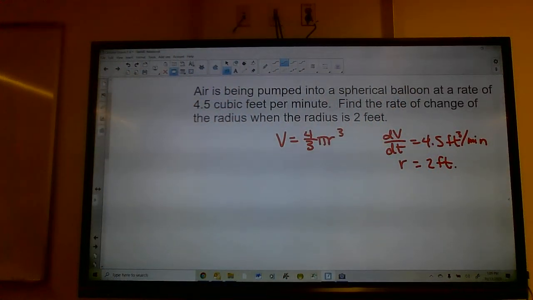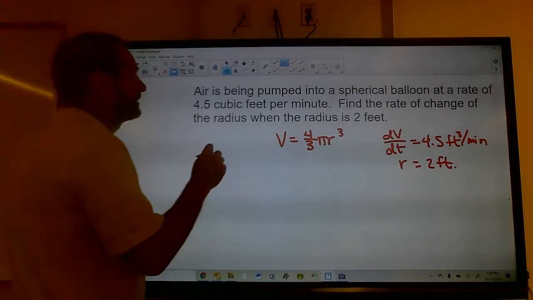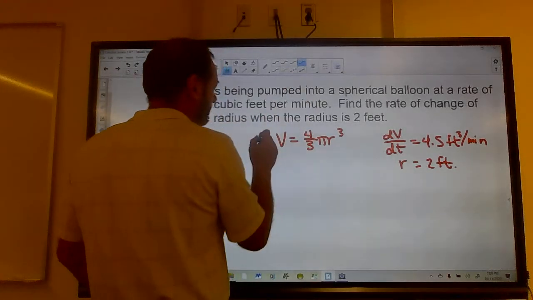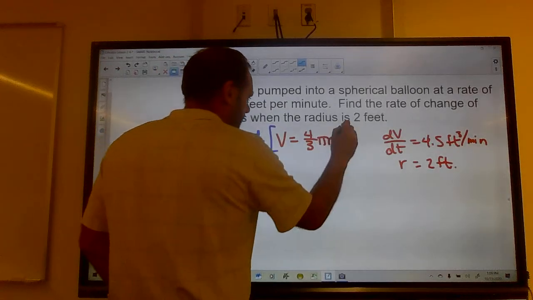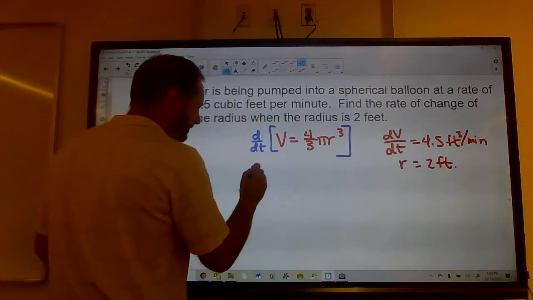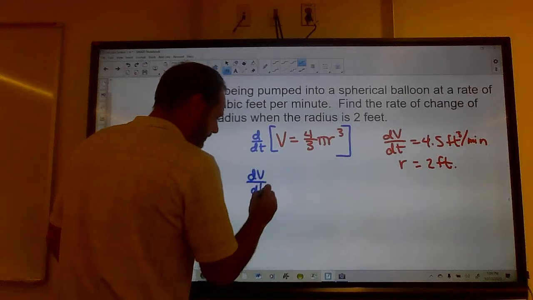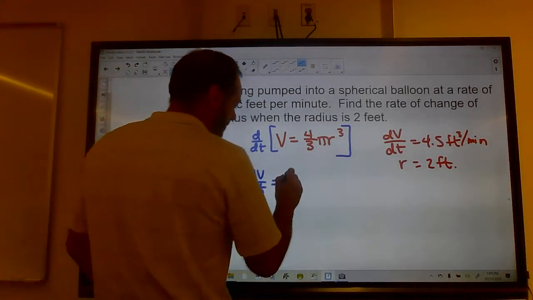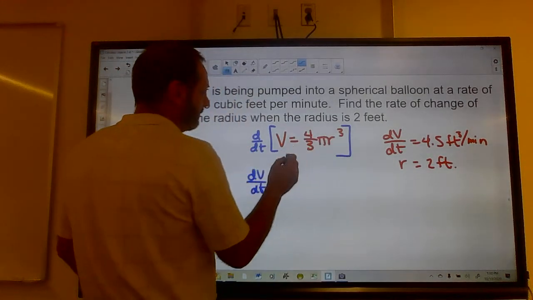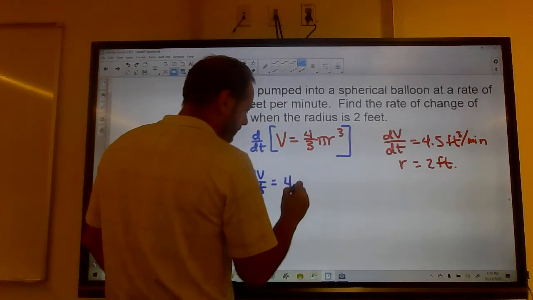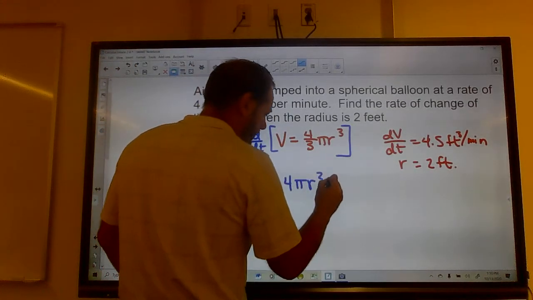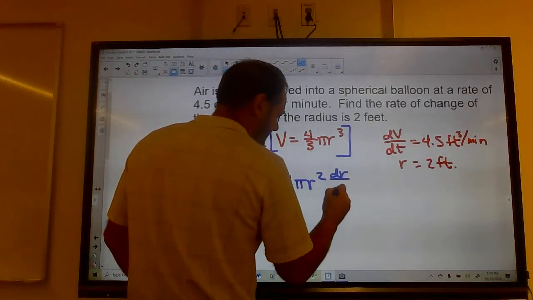Okay, so let's find the rate of change here. So we're going to take the derivative with respect to time of this whole thing. So I'm going to get dV/dt over here. I'm going to get, let's see, 3 times 4/3 is just 4. So this is 4 pi r squared dr/dt.